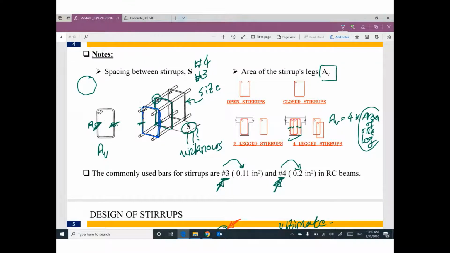So we are looking for bars that we can deform to make your stirrups. Number 3, number 4 are more practical. If you go up to number 5 or number 6, probably you will have issues deforming the bar to this shape. This is the only issue.